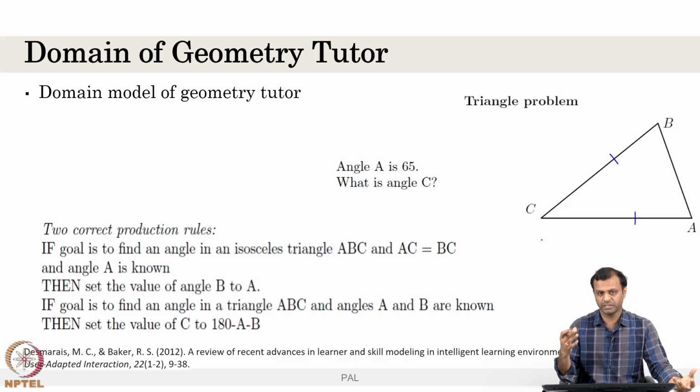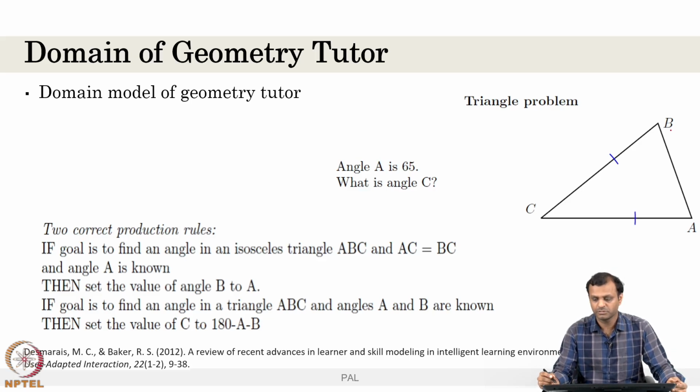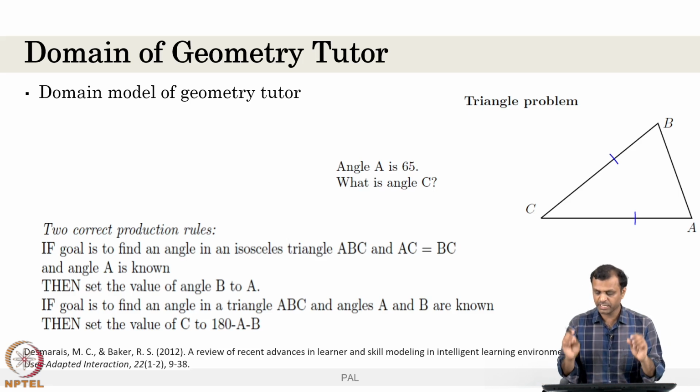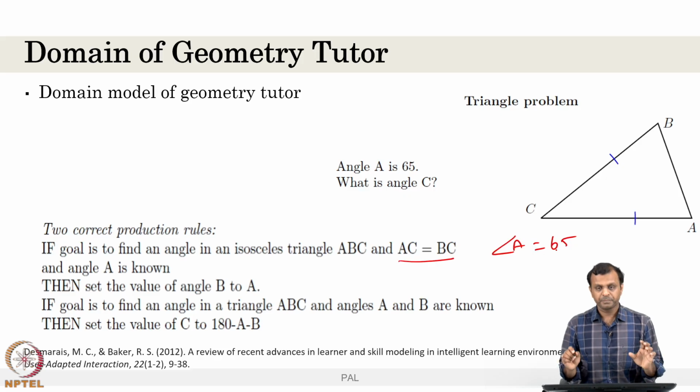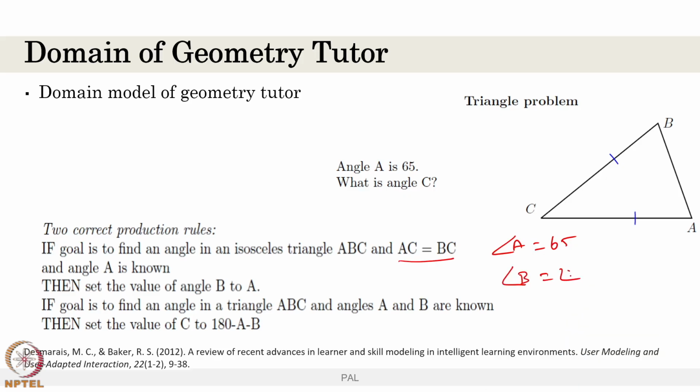AC, in this particular sum it's AC, and one of the angles is shown, then set the angle value B equal to the same as A. The simple rule is, in an isosceles triangle, which is a triangle where both sides are equal, if AC and BC are the same, for example, and the angle A is given as 65, okay, known, then set angle B equal to angle A. This is the action.